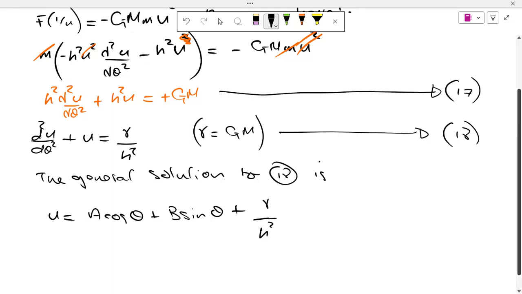If you have done basic second order linear differential equations of this type, this is a non-homogeneous or inhomogeneous second order simple harmonic motion equation. If you've learned how to solve equations like that, you'll easily be able to write down this solution, which can also be written as u equals gamma over h squared plus c1.